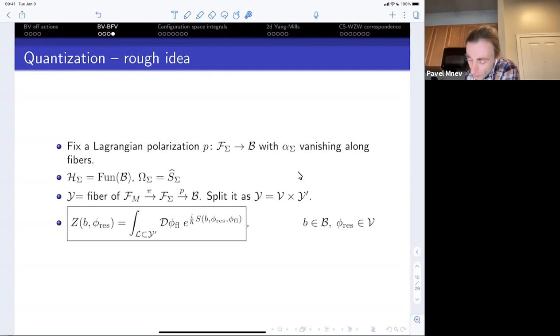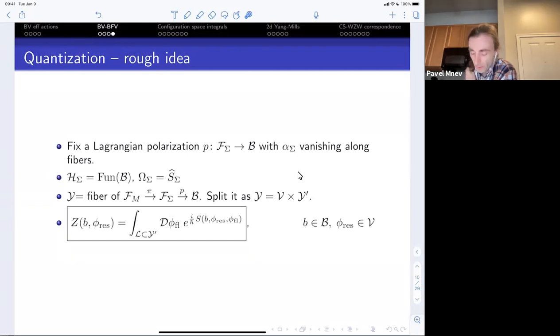Now we look at the fiber of the composite map from the bulk fields to the boundary fields and then down to the base of the polarization. Let's call Y this fiber. Then we want to split this fiber into a slow part and a fast part and integrate over a Lagrangian in the fast part.